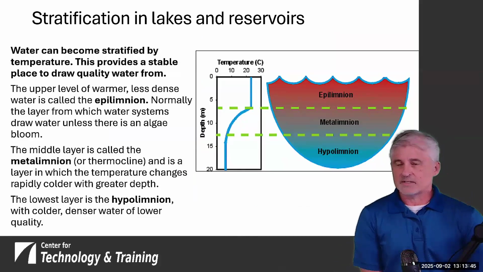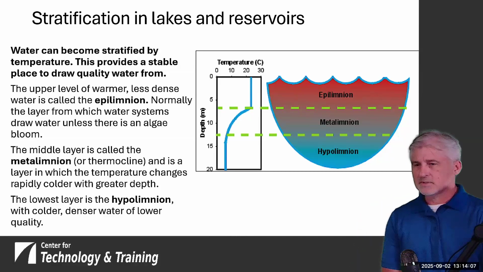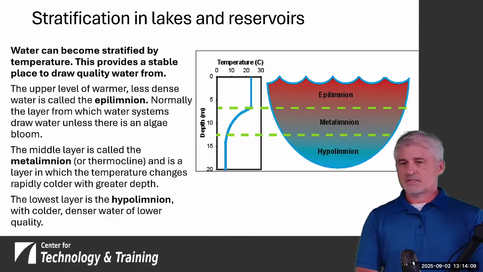Typically it's colder at the bottom and warmer at the top, and there are things that can cause that water to flip over. And if we look at this, we've got these crazy names: epilimnion, metalimnion, hypolimnion. It's based off the idea that limnology is the study of inland waters.